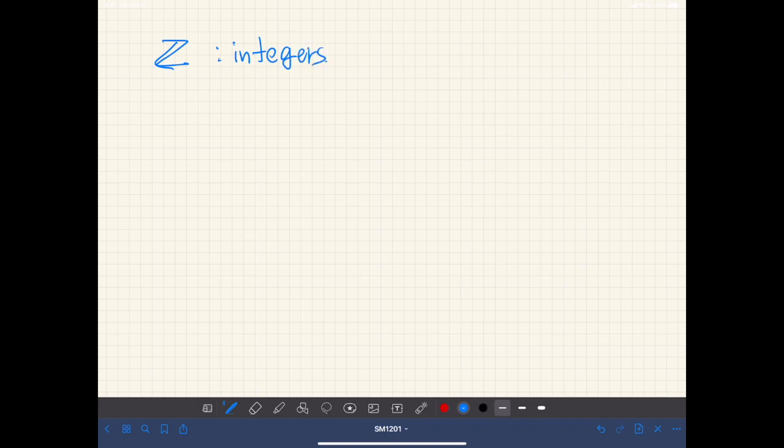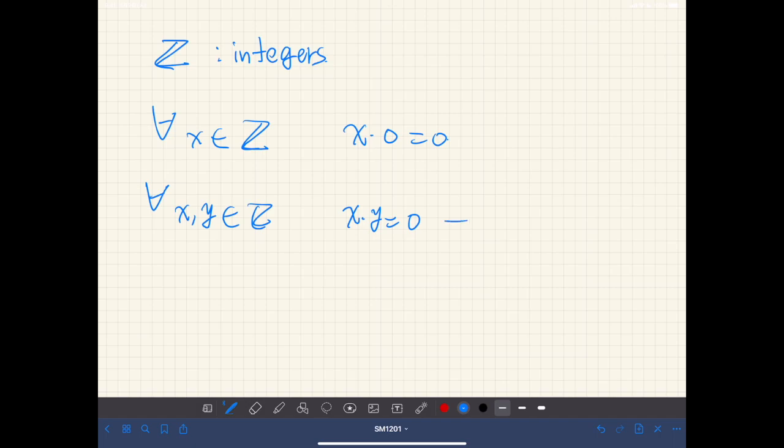For any integer, let's say x, of course we have x times 0 is equal to 0. And 0 here means just integer 0, right? And for any pairs of integers, if x times y is equal to 0, then x is 0 or y is 0.